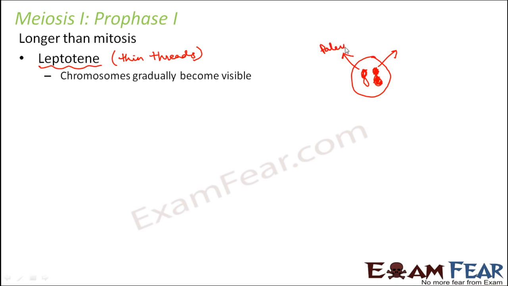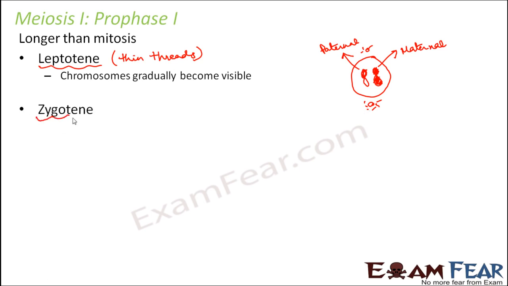Let us suppose this is paternal, that is received from the father, and this is maternal, which is received from the mother. So here the chromosomes become visible at least. And the nuclear membrane, nucleolus, all those things disappear. Centrioles also migrate to opposite poles. Somewhat like this.